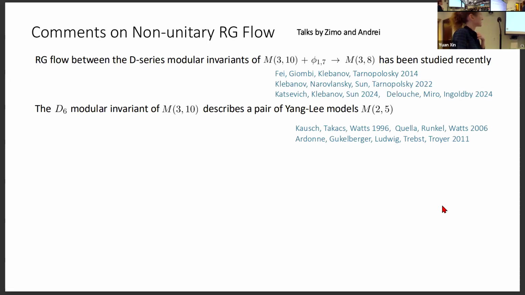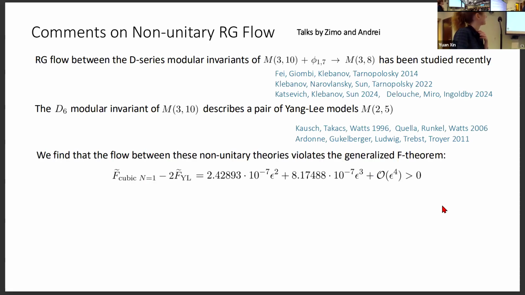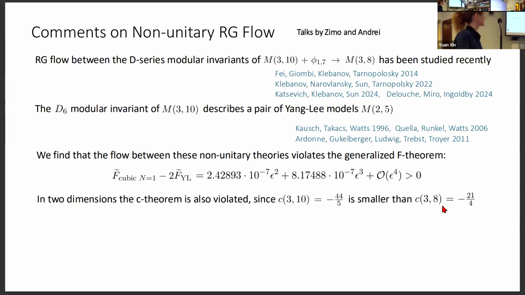So M3,10 describes a pair of 2 Yang-Lee models. And we can just look at the flow in higher dimensions between these fixed points corresponding to the non-unitary theories in 2 dimensions, and we find that it violates the generalized F theorem, which, as it's a non-unitary theory, we don't expect to hold.